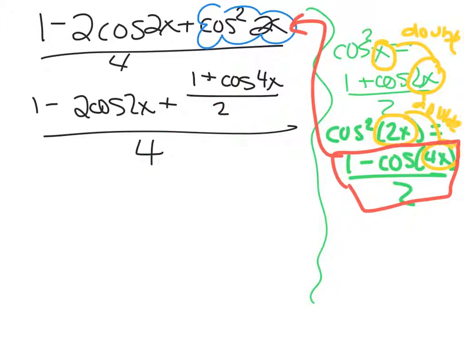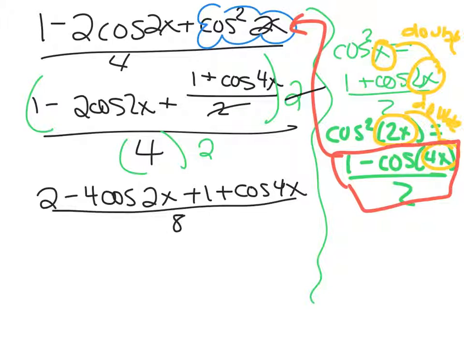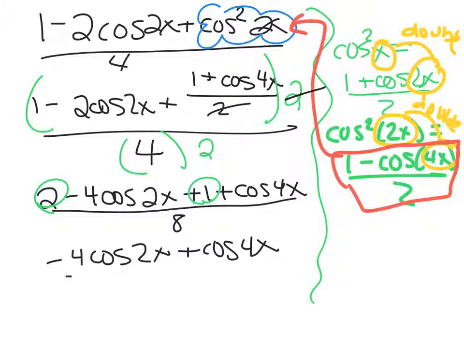I'm going to multiply this whole thing by 2, this whole thing by 2, which is going to give me 2 minus 4 cosine 2x. These will cancel, plus 1 plus cosine 4x over 8. These will combine, negative 4 cosine 2x plus cosine 4x over 8.